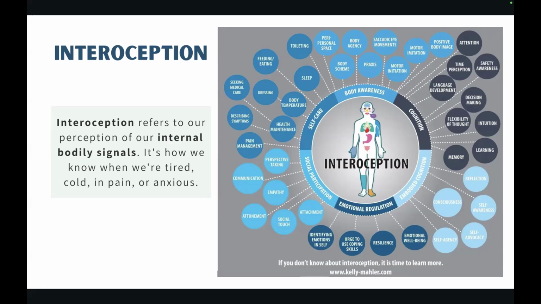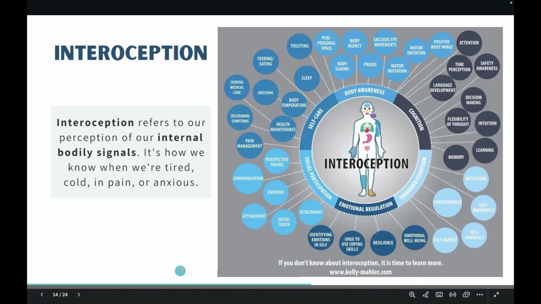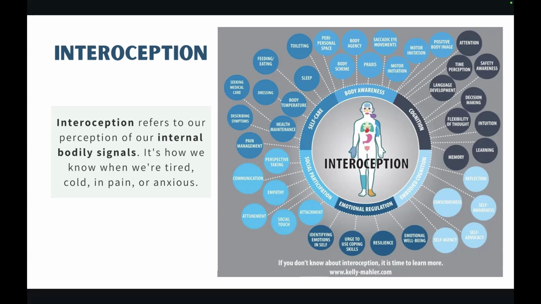We have the interoception curriculum, and Mar was commenting that they use it in therapy all the time. That wasn't planned, but yeah, Kelly Mahler is really cool. And really that's kind of a guide for how I'm hoping we can look at all of the systems.